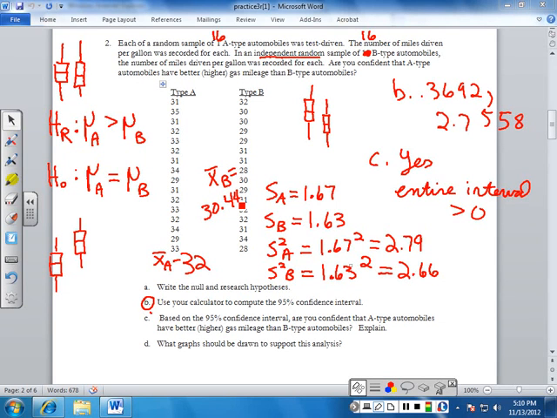And the degrees of freedom for that t would be NA plus NB minus 2, or 16 plus 16 minus 2 is 30.